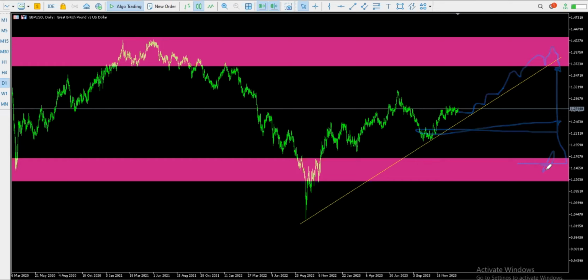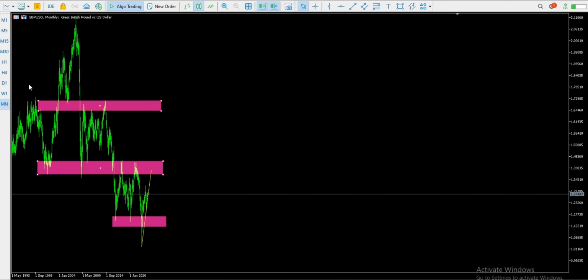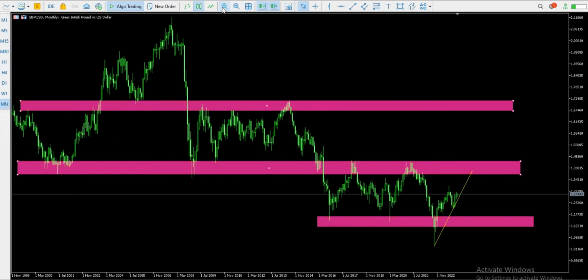So that is it. First approach is to mark the key levels. You can see I've already marked the key level. Second approach, what is the trend of the market? We already see that the trend is a downward trend. It's moving downwards, consolidate and down.